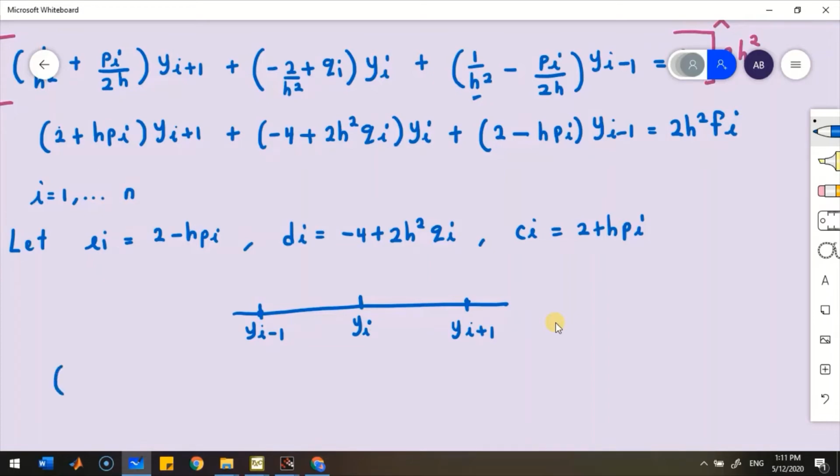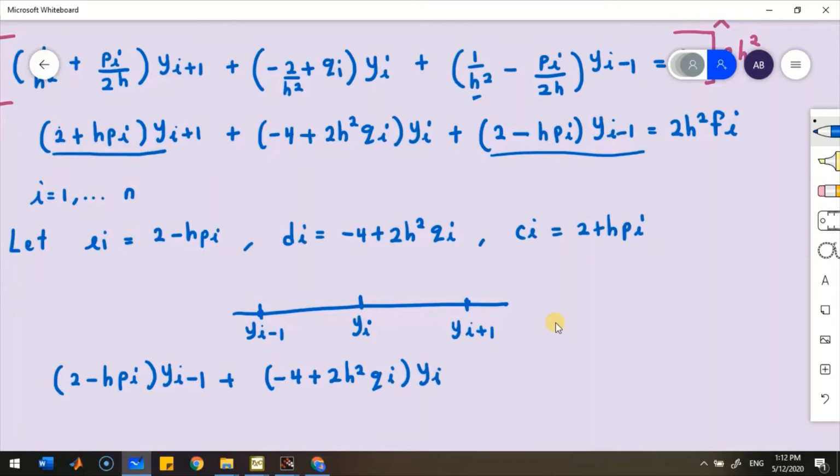Before I change to the simplified form, 2 minus h pi yi minus 1 comes first, and then the middle term, and then this term here. So I have plus 2 plus h pi. Where's my q? Am I missing the term? Okay, I think I'm correct. yi plus 1 equals 2h squared f of i.